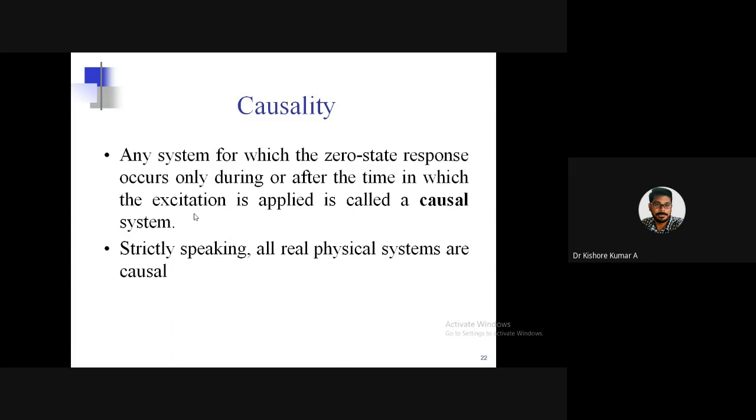Strictly speaking, all real physical systems are causal systems, because for any type of zero state response, it occurs during or after the time in which the excitation is applied. That has been incorporated in real physical systems. Therefore we can conclude that all the real physical systems are causal systems.